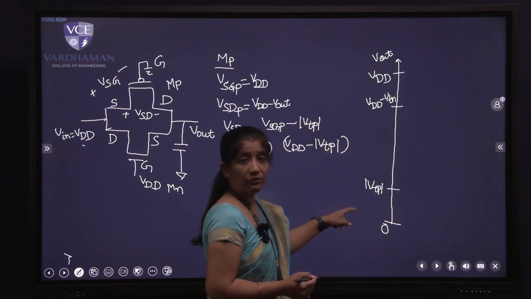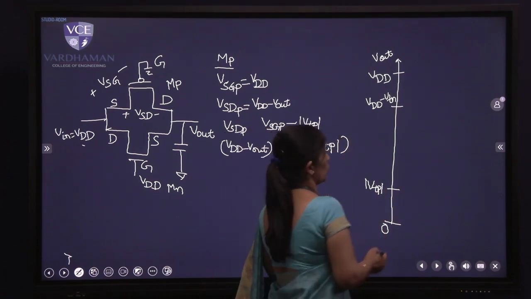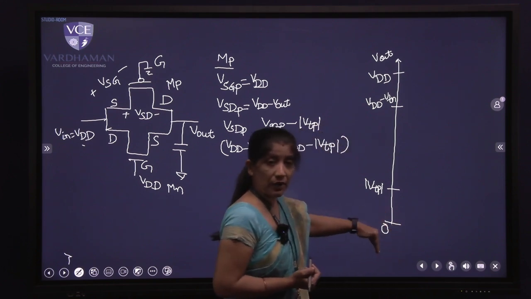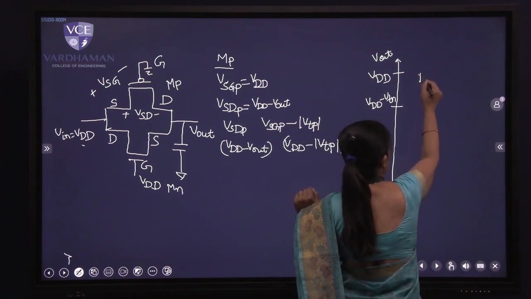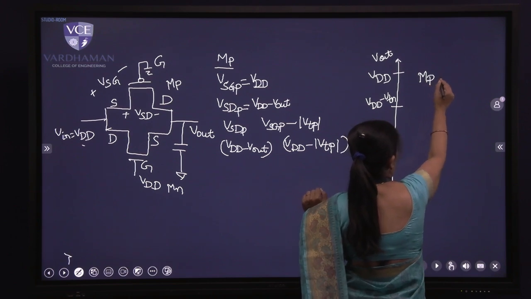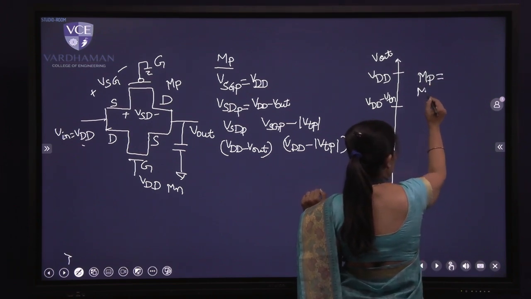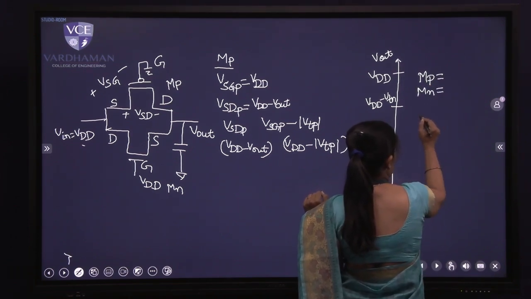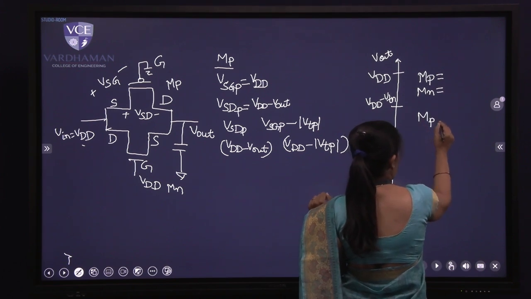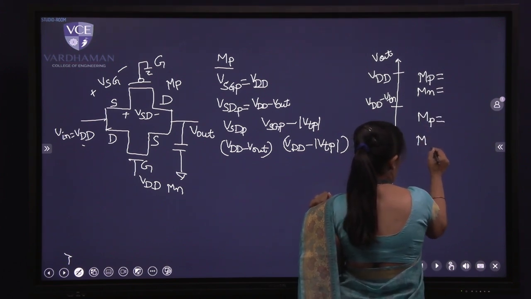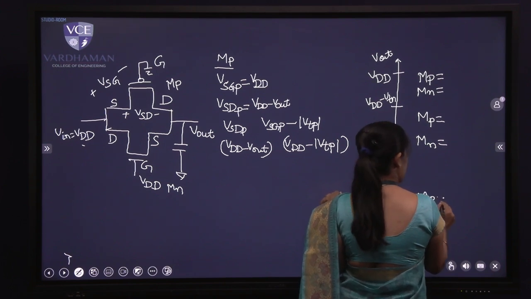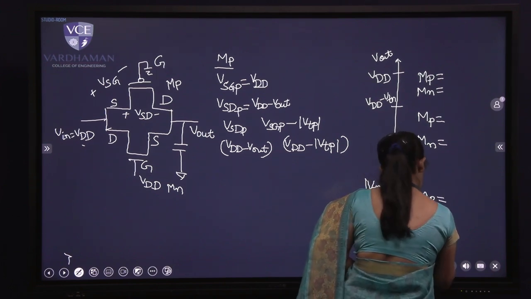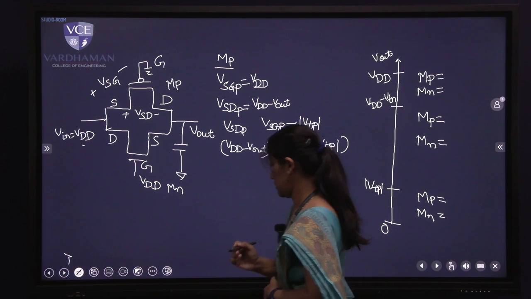This is what I have, the regions marked onto the output voltage, and your output is charging from 0 going till VDD. So I have to mark and mention the operating regions of the respective transistors. Let me write it down here so that parallelly I can write down the operating modes. MP indicates PMOS and MN indicates NMOS.